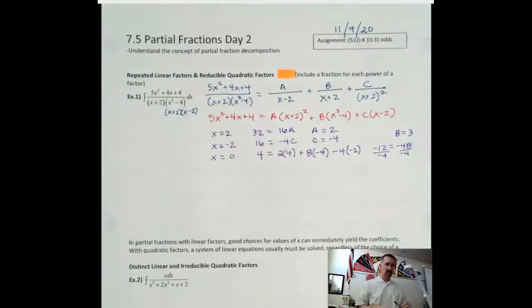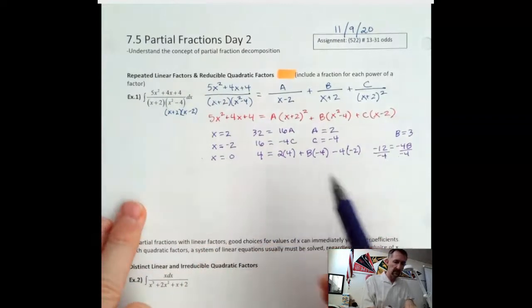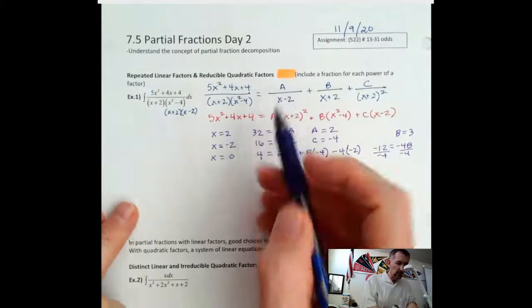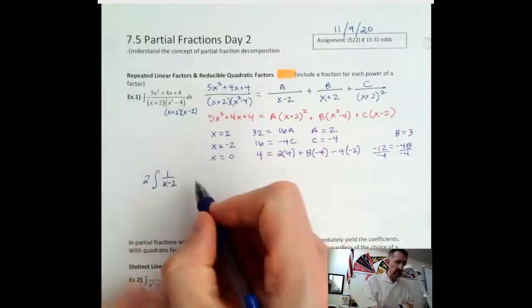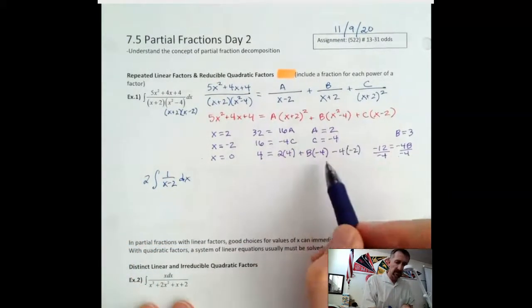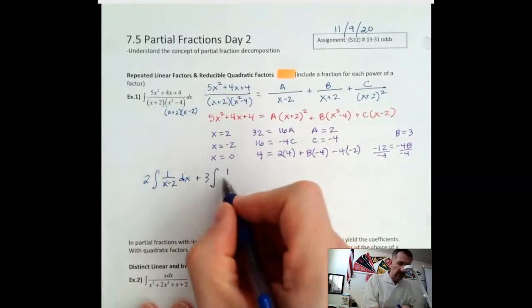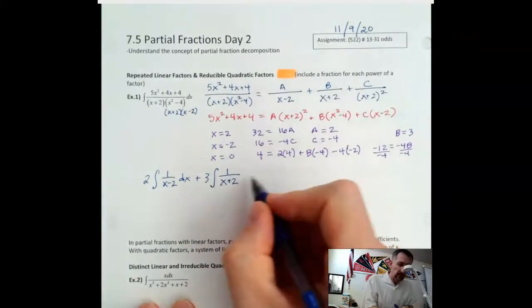Okay, so now I can put that all back together. That's pretty much the same as our last example on day 1. A was 2, so I'm going to have 2 times the integral of 1 over x minus 2 dx, and B was 3, so I'm going to have plus 3 times the integral of 1 over x plus 2 dx.